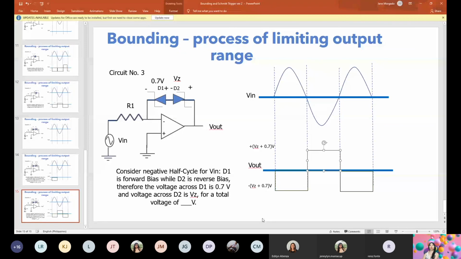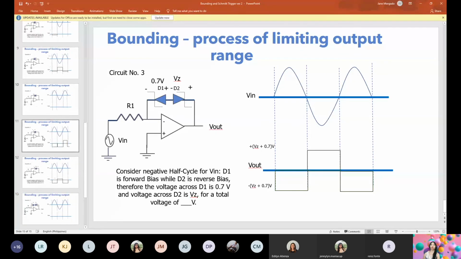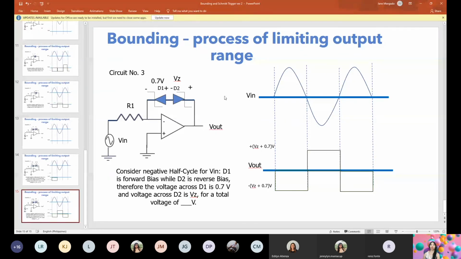So next week we'll have examples for comparators, bounding, and Schmitt trigger. And I guess we need to have a quiz, unit exam number 2.